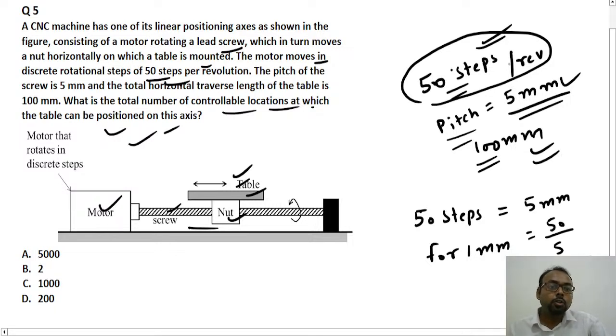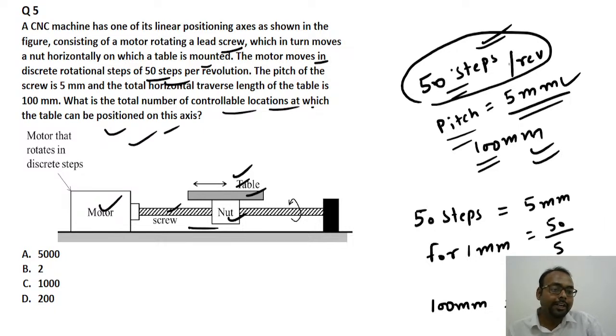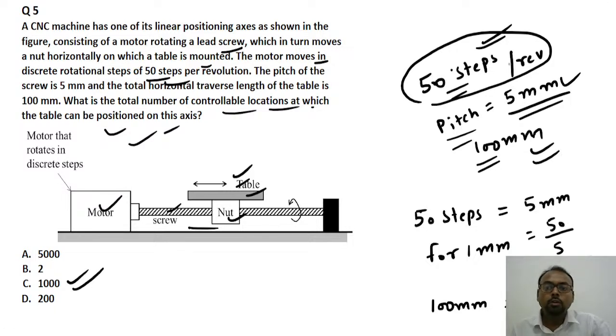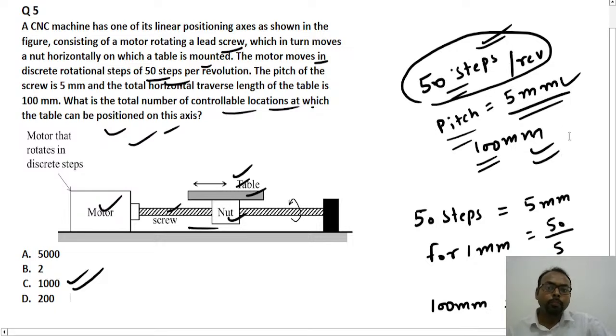That is why, to move it 100 mm, we require 100 into 10, that is 1000 steps, right? So we need to move our table by 1000 steps to have 100 mm of movement.